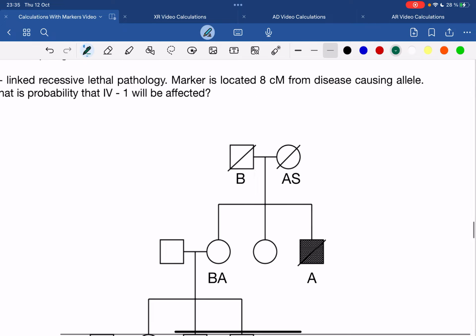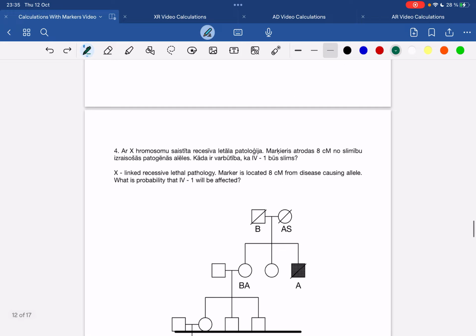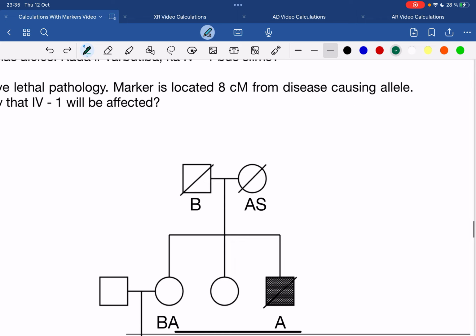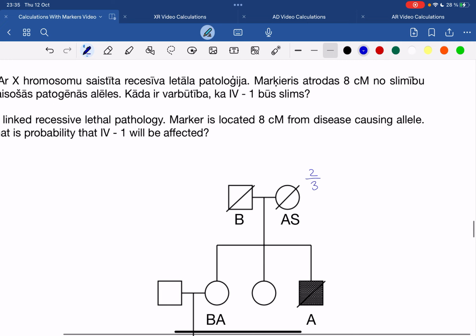So in our case, we only have one affected male, and it is, as the question suggests, lethal. Therefore, we assume that the mother is 2/3 a carrier, not affected.